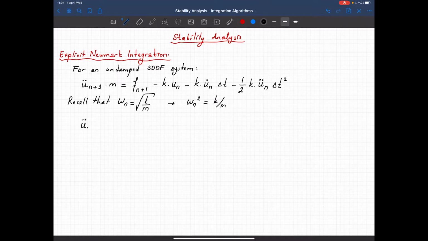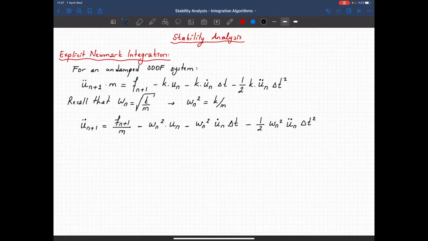U double dot n plus 1 will then be equal to f n plus 1 divided by m minus omega n squared multiplied by u n minus omega n squared u dot n delta t and minus 1 over 2 omega n squared u double dot n delta t squared.